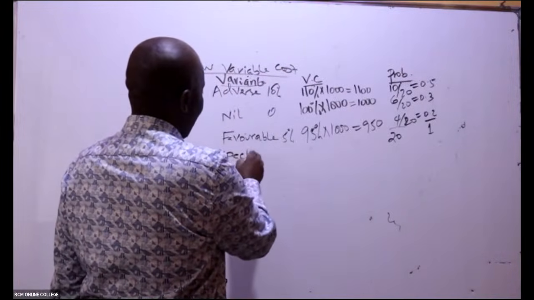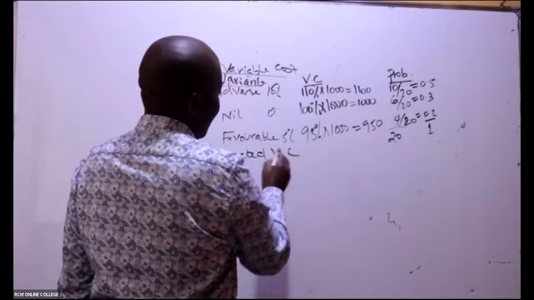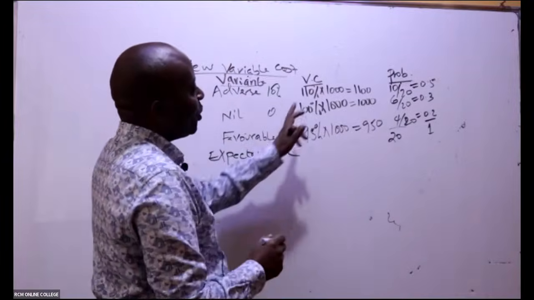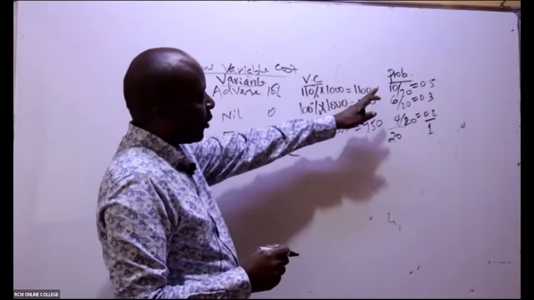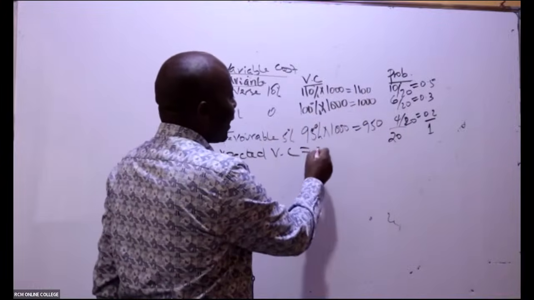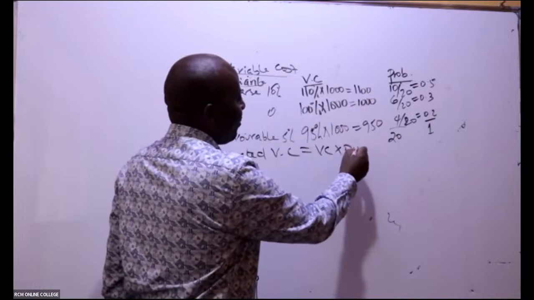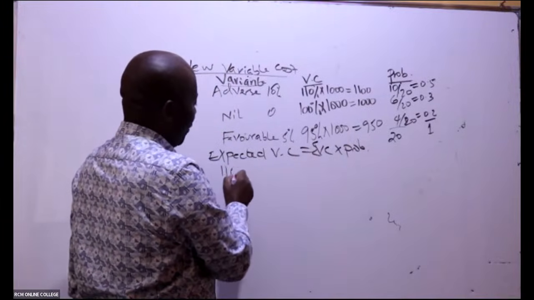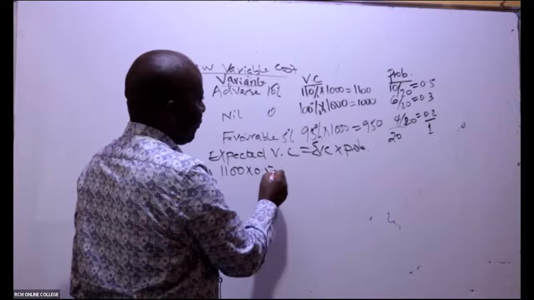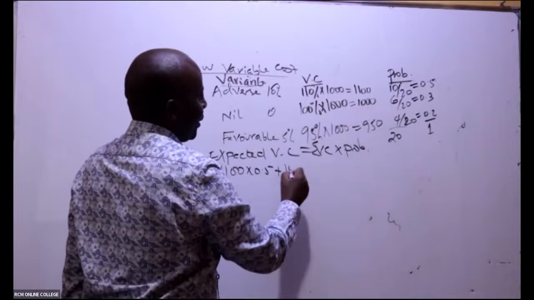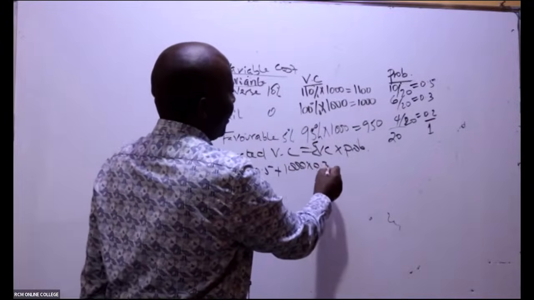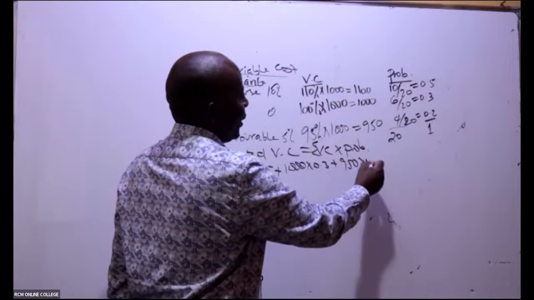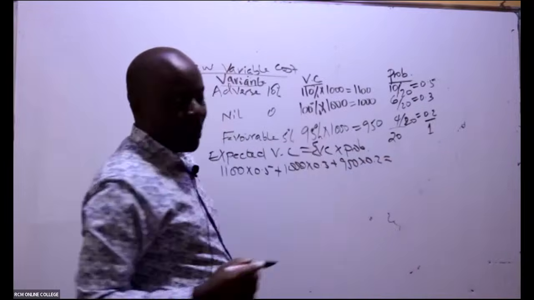The expected variable cost will take the variable cost times the corresponding probabilities, and then you sum them. So what do we have there? 1,100 times 0.5 plus 1,000 times 0.3 plus 950 times 0.2. So what figure do we have here, ladies and gentlemen?